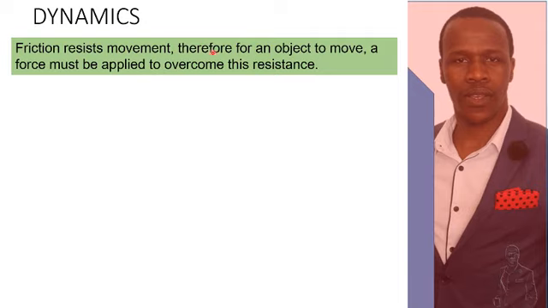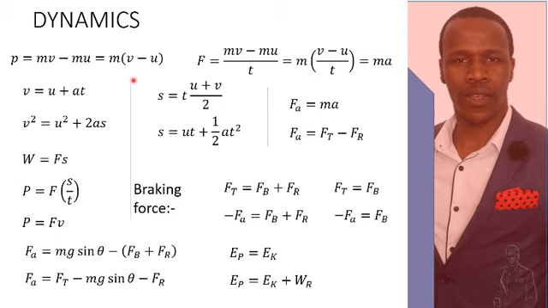Obviously, this falls under the first law of Sir Isaac Newton. Now, what about this one? This is momentum. P is momentum, and this is the formula for momentum. But we know that the second law says the rate of change of momentum is proportional to the force, and that is the second law.